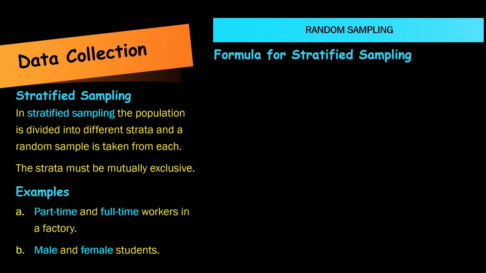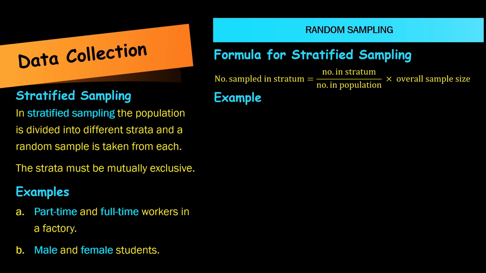We now take a look at the formula for stratified sampling. The number sampled in a stratum is equal to the number in the stratum divided by the number in the population multiplied by the overall sample size.